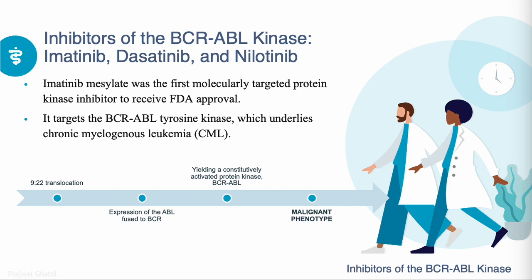It targets the BCR-ABL tyrosine kinase, which underlies chronic myelogenous leukemia. In this, a single molecular event takes place, that is, the translocation of chromosomes 9 and 22 that leads to the expression of ABL fused to BCR, which yields a constitutively activated protein kinase, BCR-ABL, which leads to a malignant phenotype.